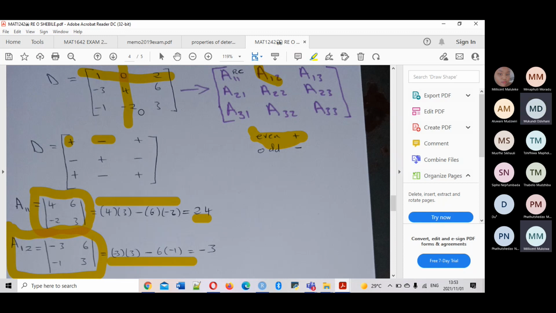Now, what will be A13? Negative. We're going to move this guy here. It means our A13 is going to be equal to this guy: -3, 4, -1, -2.